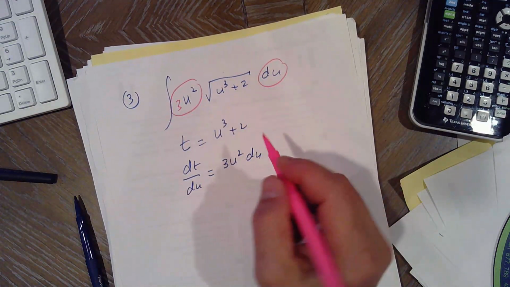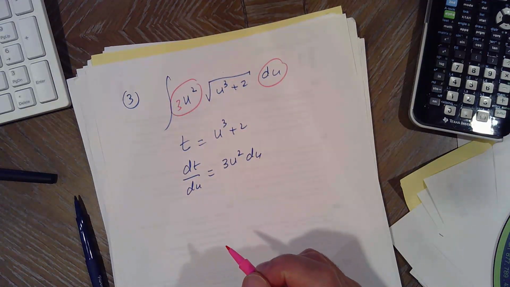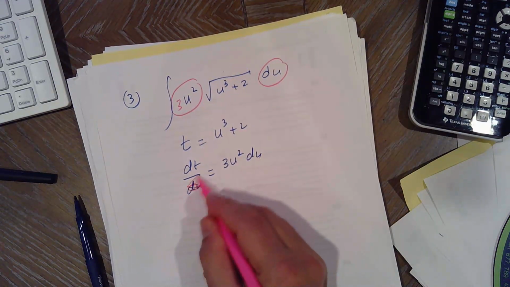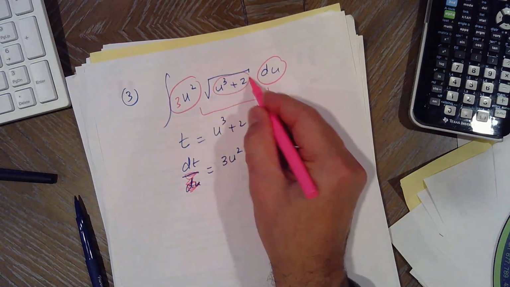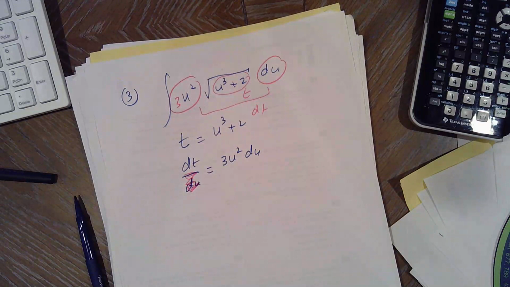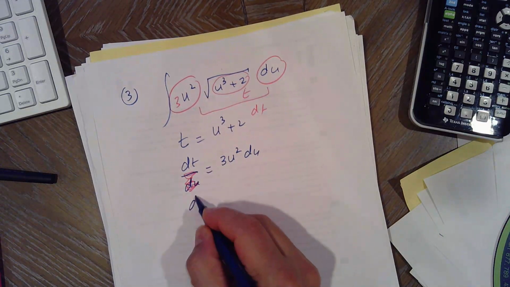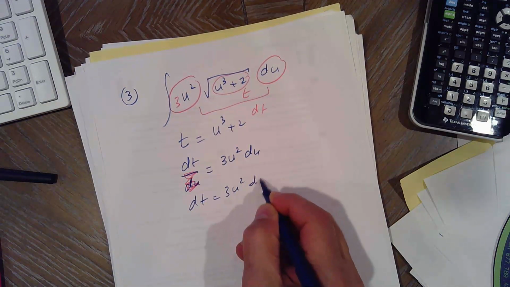All this is going to be dt, and this is t, so dt is 3u squared du.